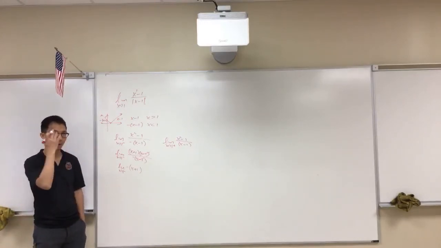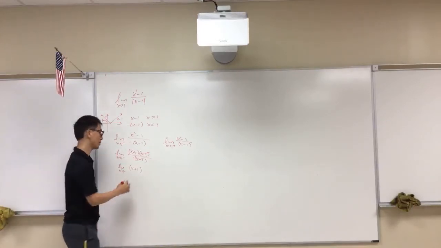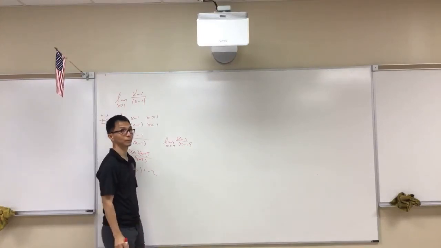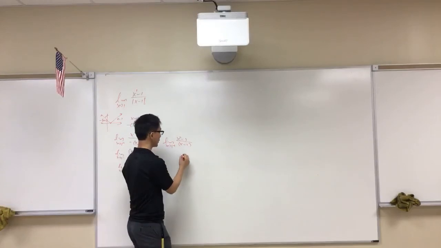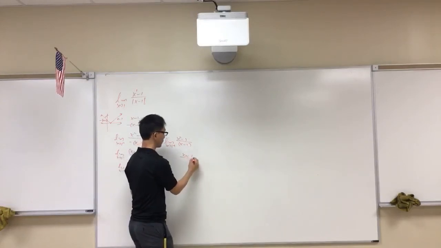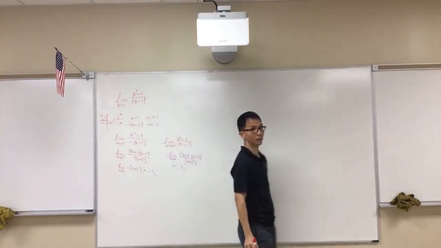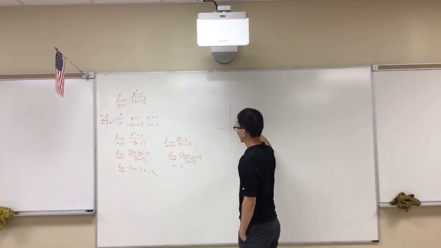So it's kind of a hybrid between the first case and second case. Then that's going to give you negative 2. In this case, it's going to give you 2. It turns out the graph goes like this, positive 2.